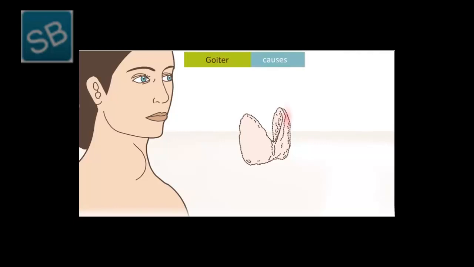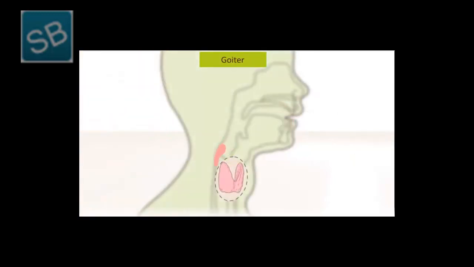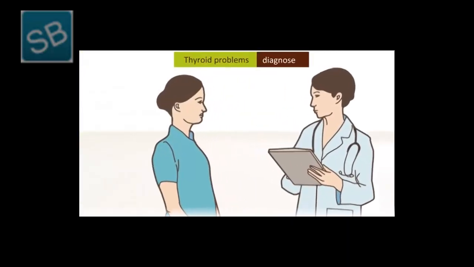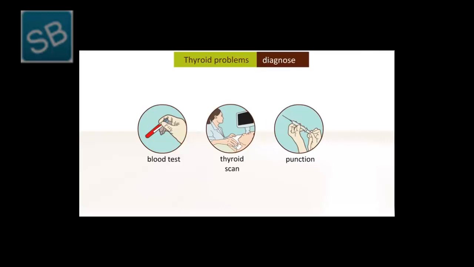Goiter has several causes such as infection, iodine deficiency, or benign or malignant disease. A malignant disorder is extremely rare. When you have goiter, there can be a problem in swallowing or breathing. Before treating goiter, the underlying cause must be determined. Thyroid problems can be diagnosed with a blood test and sometimes using a thyroid scan or a puncture.